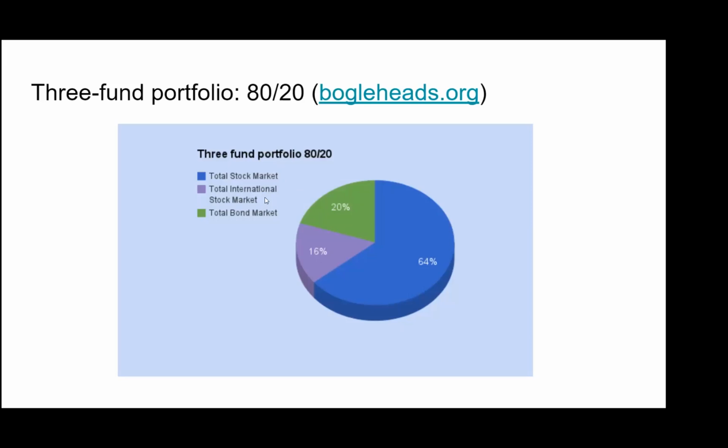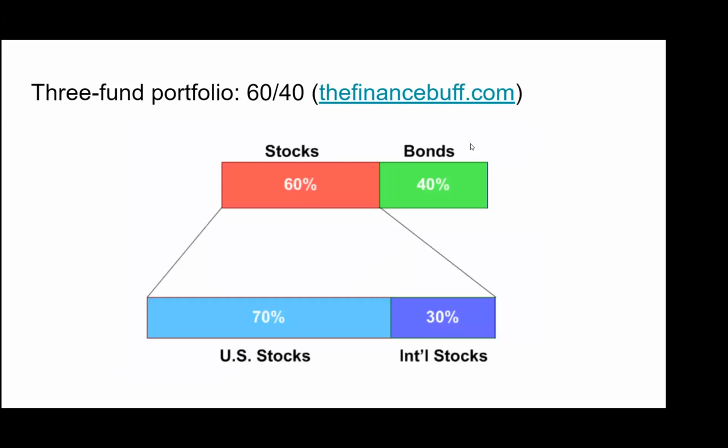So they have 20% in non-US stocks, which would be 60%, let's see, did I get that? 20 plus 60? Yeah, that's right. 60% US stocks and then 20% in bonds. And over here, they have these model portfolios at Bogleheads.